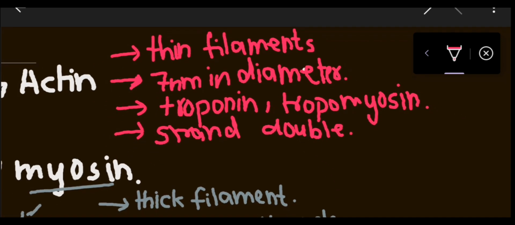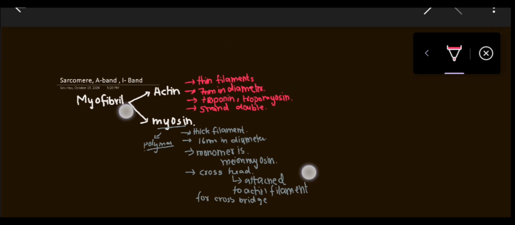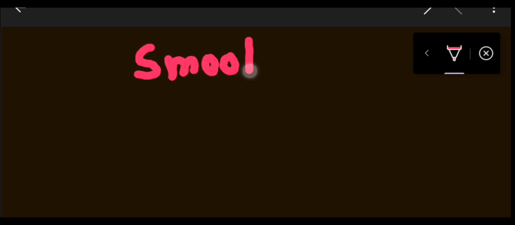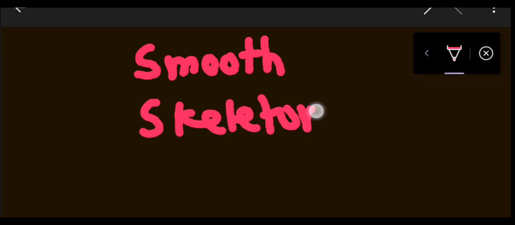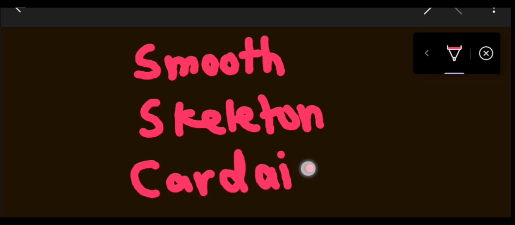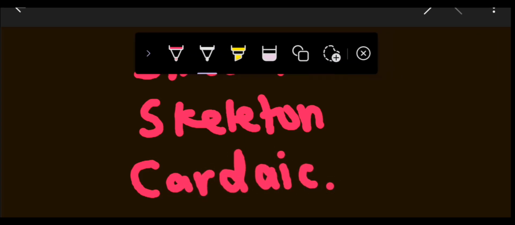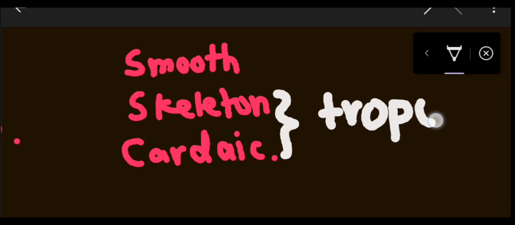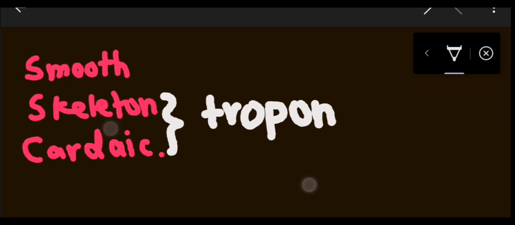As we are discussing troponin, in the previous video I told you that we have three types of muscles: one was smooth, another was skeletal, and the third was cardiac. What we discussed was that in skeletal and cardiac muscles, troponin is present in the actin filament.